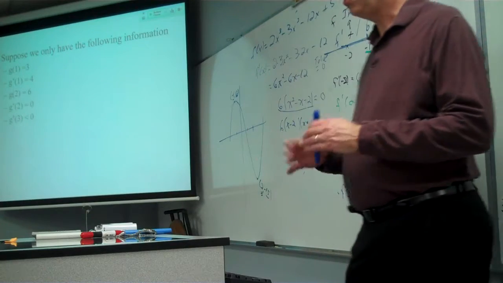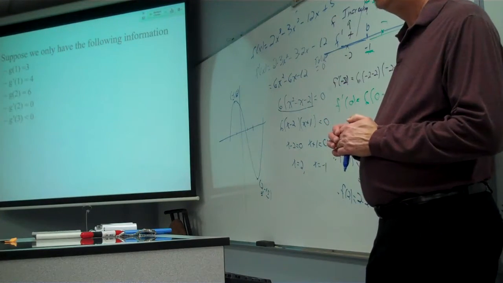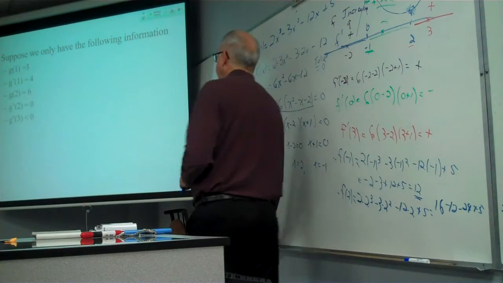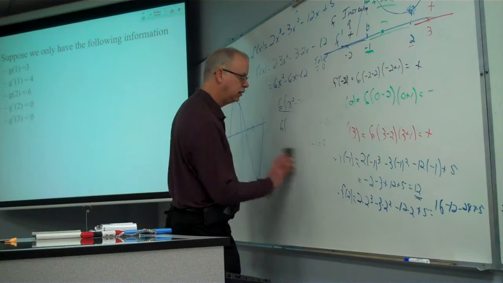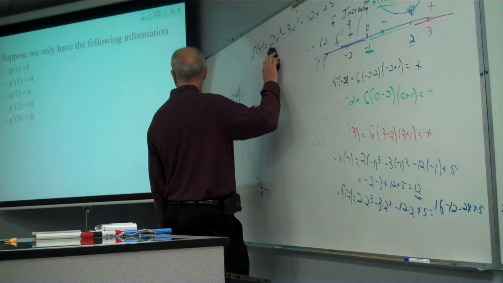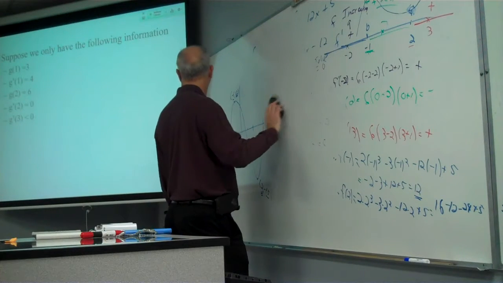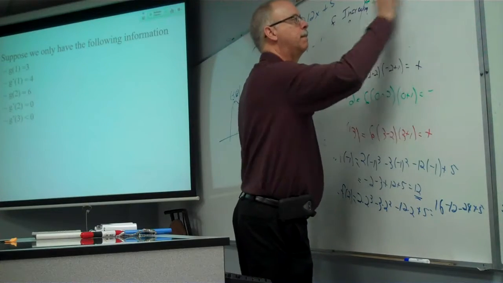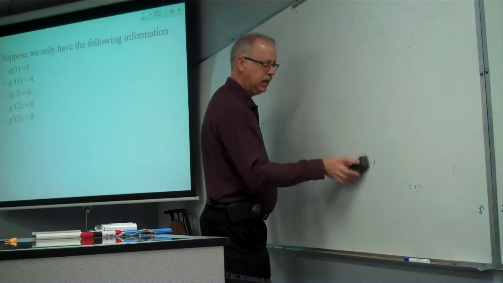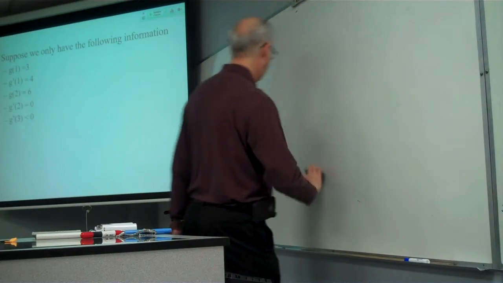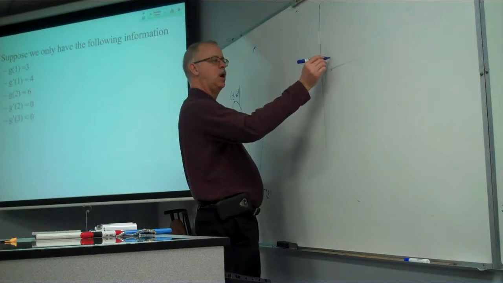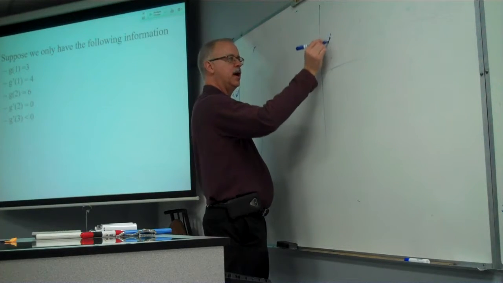Now, suppose we only had a little bit of information. This little bit of information. G of 1 equals 3, G prime is 4 at 1, G of 2 is 6, G prime of 2 is 0, and G prime of 3 is negative. Even with that little bit of information, we can sketch a reasonable graph. When the input is 1, the output is 3, and we are headed up.